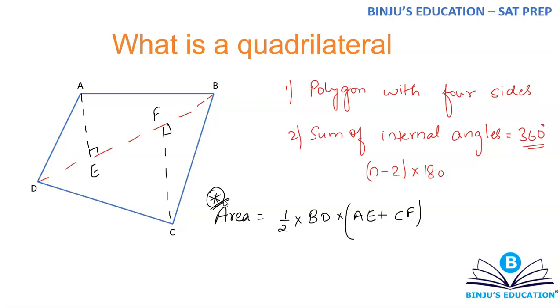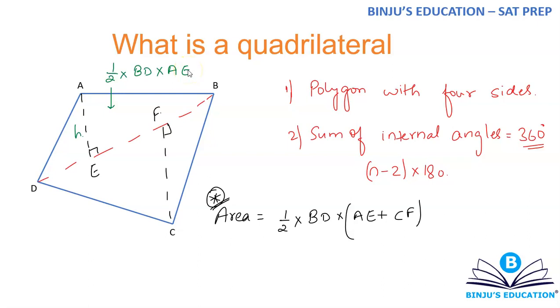Now what is the area of a triangle? That's half into base into height. So if I take base to be BD, let's talk about triangle ABD first. If I take base to be BD, height is nothing but the perpendicular from the opposite vertex. This is the height, the perpendicular. So it's going to be simply half into base, which is BD, into height, which is AE.